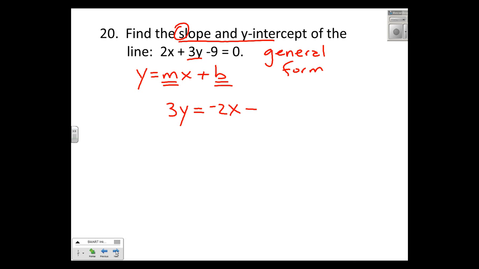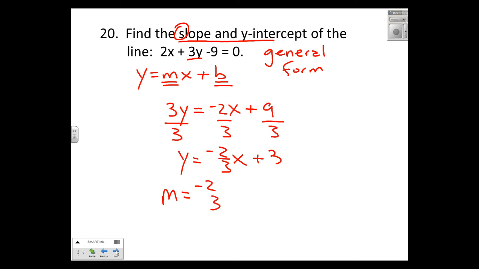And I'm going to add 9 to both sides of the equation and finish with division by 3. Divide both sides by 3. y is -2/3 x plus 3, so we have a slope of negative 2/3, and we have a y-intercept of 3.